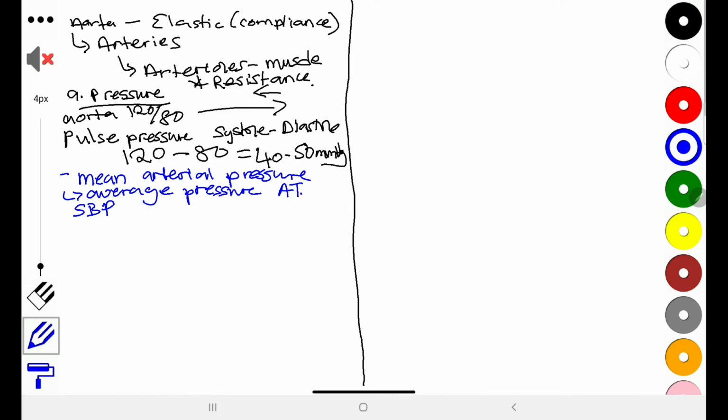systolic component of the cardiac cycle takes about a third of the cycle, and the other component is diastole. So from here, we can calculate it as, first of all, the difference of SBP and DBP, which is PP.